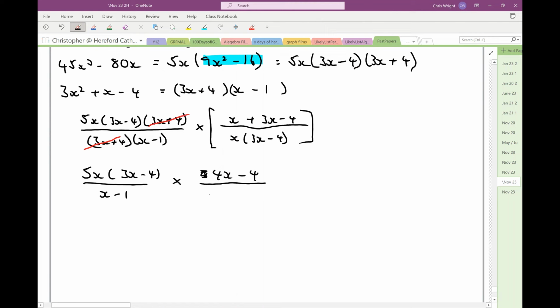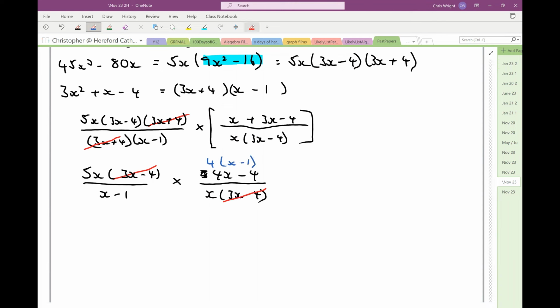3x squared, well I'm going to leave it factorised actually. The reason I'm leaving it factorised is because I can cancel here and here. Actually, look at this. This 4x minus 4 can be written as 4 lots of x minus 1.